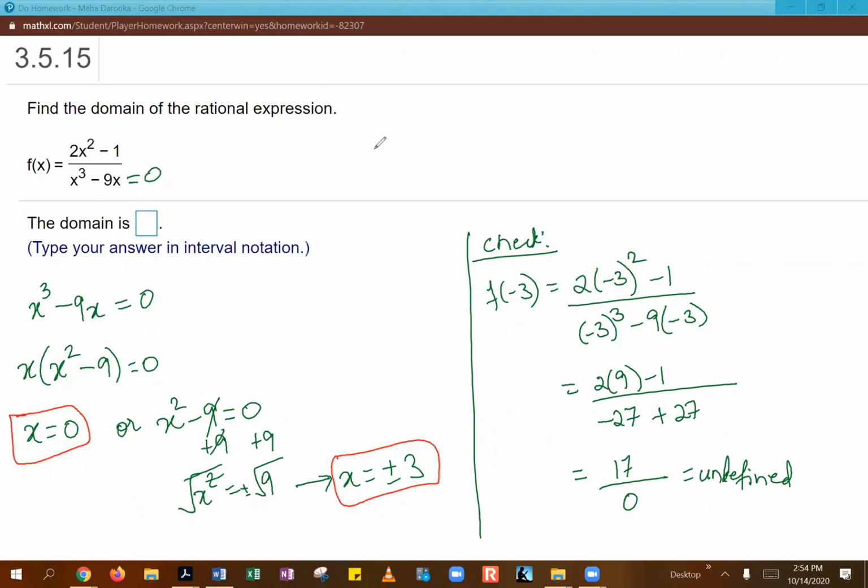So now, when you are coming up with your interval notation over here, there are 3 numbers we cannot use, and that's 0, -3, and +3. So what do you think our interval notation will look like for the domain of this function here?